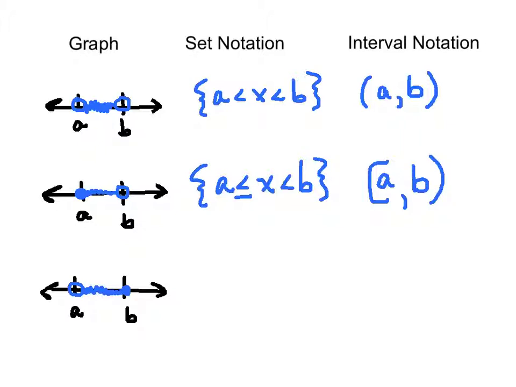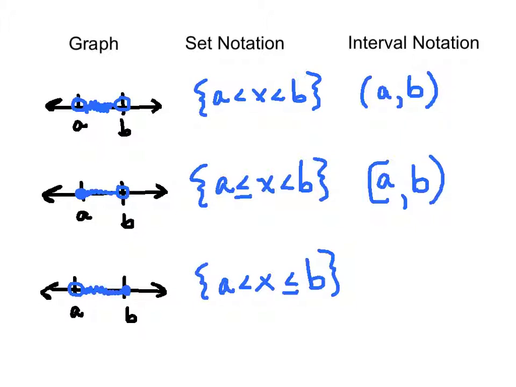And in the last example, I have an open-ended interval at A, numbers to the right of A, larger than A, all the way on up to B, numbers to the left of B, including B. And so in set notation, I would be saying A is less than x, less than or equal to B. Close off with my bracket.